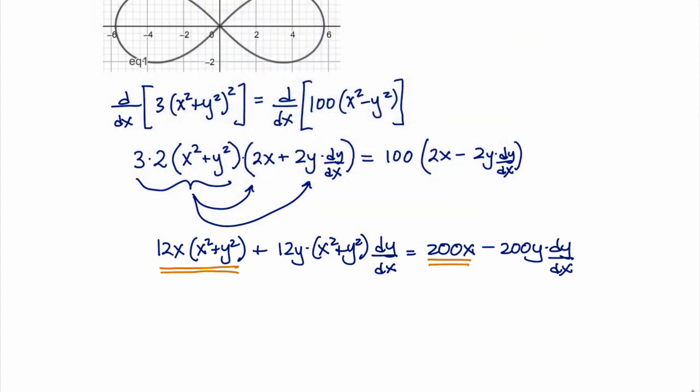So I'm going to leave the dy/dx's on the left. So I'll have 12y times x squared plus y squared times dy/dx. And then I want to add the 200y dy/dx to both sides.